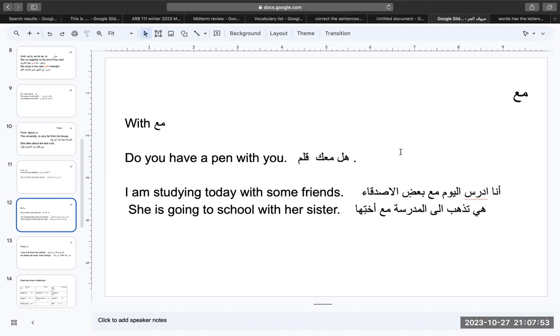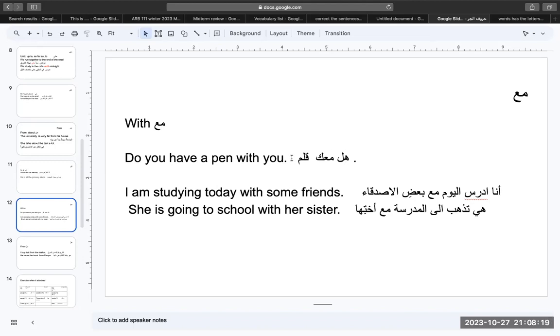So remember, مع, we use it with a human being. If we use with in English for a thing, like I'm writing with the pen, I am driving by my car, the with is going to be ba in the Arabic language. But with a human being, we write it like ميم عين, مع.